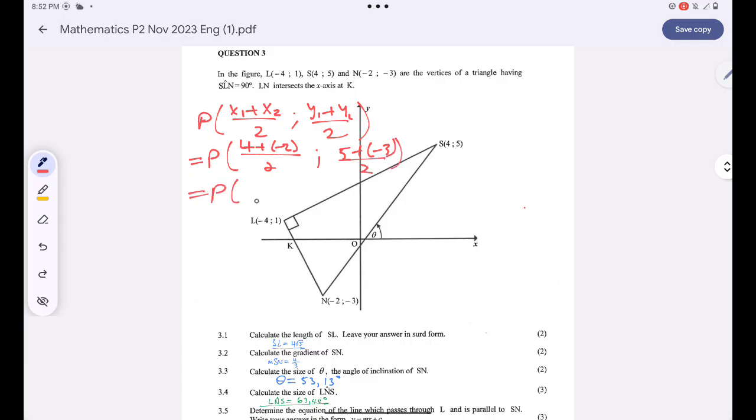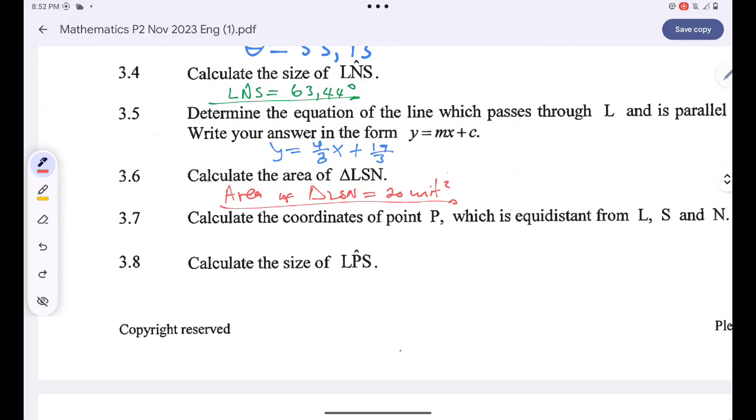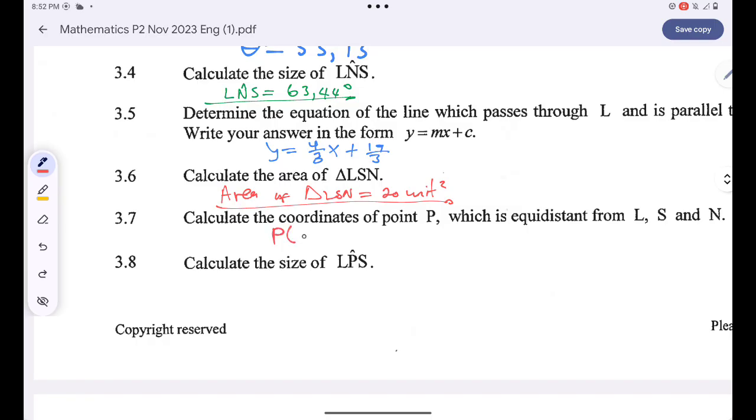Then P will be equal to 1 and 1. So P is somewhere here. P is just 1 and 1. Those are the coordinates of P, right?